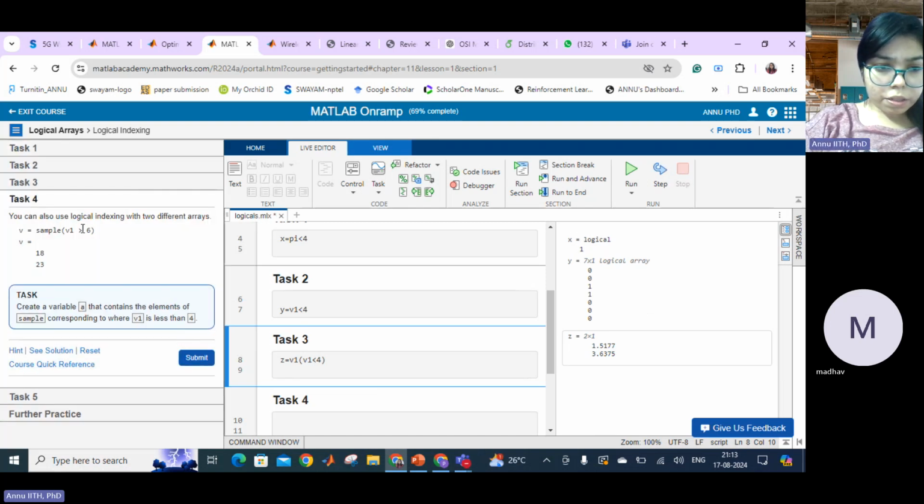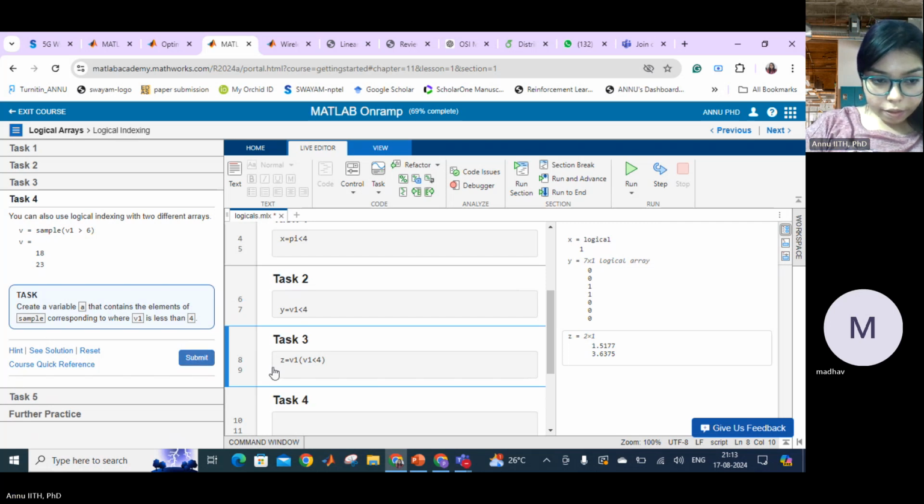You can also use the same logical indexing with two different arrays. So sample is one array. Okay. So it is showing that we keep the sample values for the indexes where v1 is greater than 6.